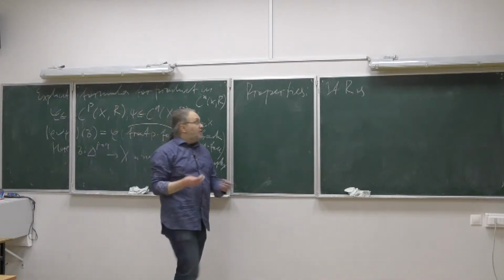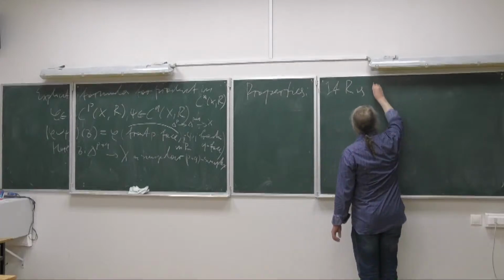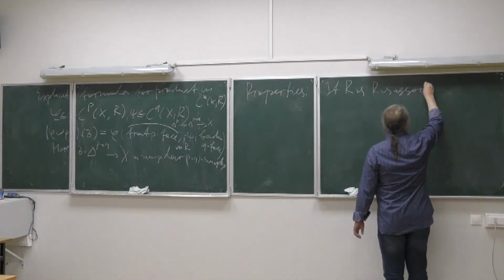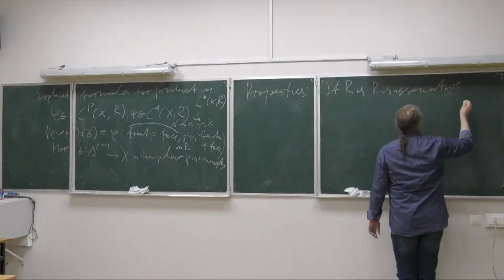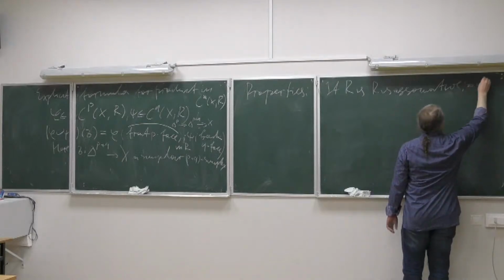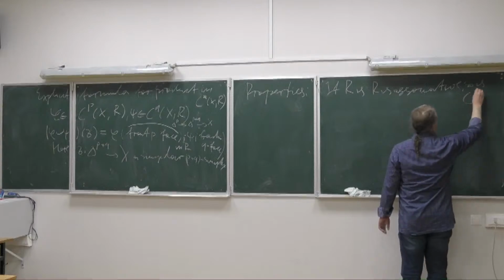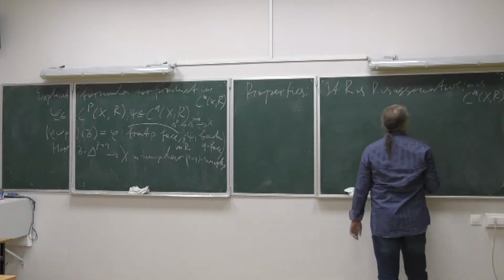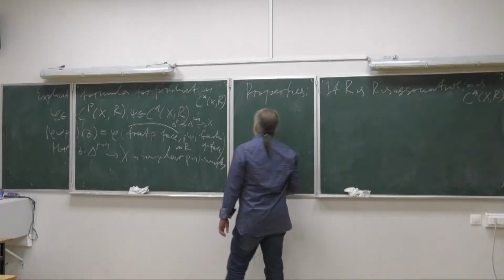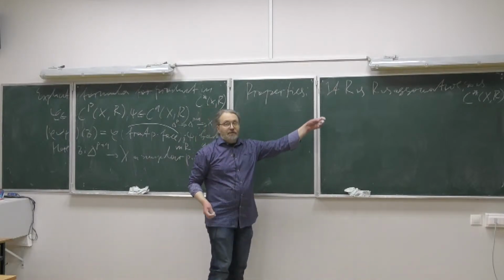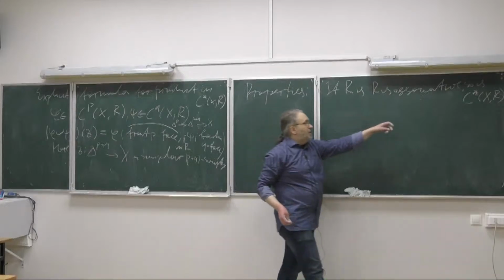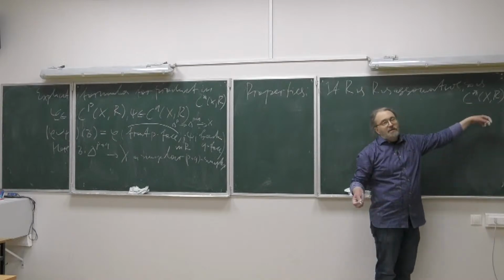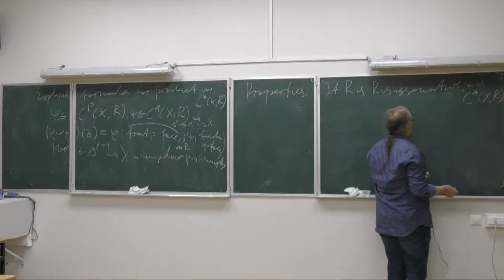More precisely, if R is associative, then so is the cochain ring C upper star of X, comma R.